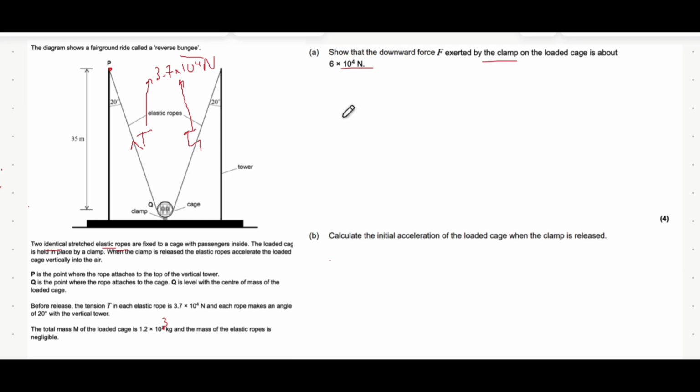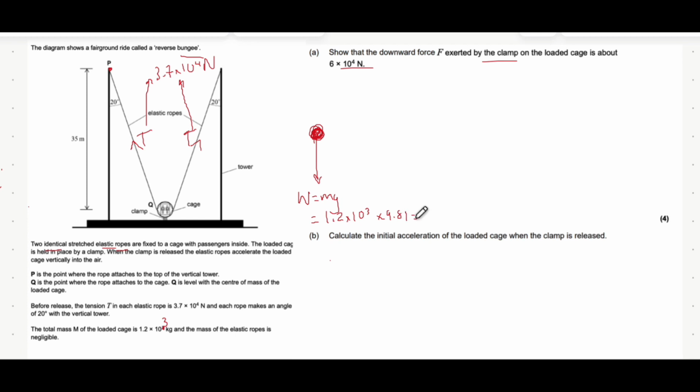So first of all, let's establish what force that is, by the clamp on the loaded cage. If we draw out this system, we know there's weight acting vertically downwards because it's given us the mass of the loaded cage, and we know weight is equal to mg. So it's the mass of the loaded cage multiplied by g. Let's find that first. 1.2 multiplied by 10 to the 3 multiplied by acceleration due to gravity, which is 9.81.